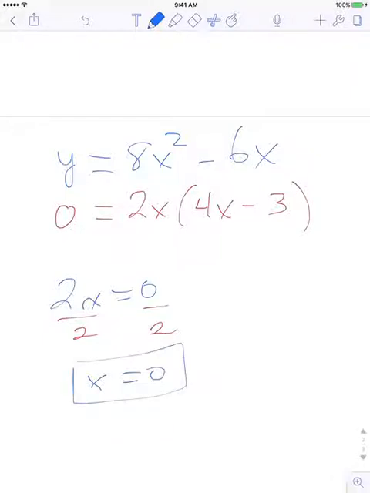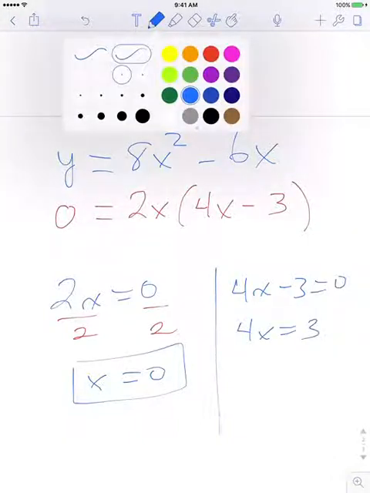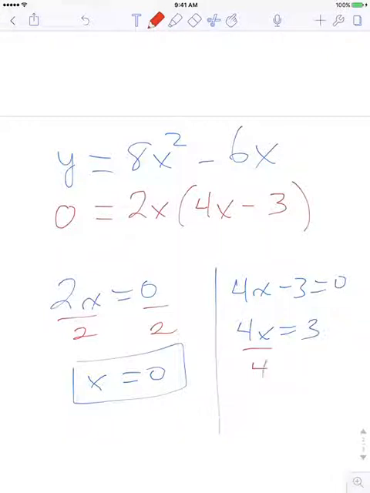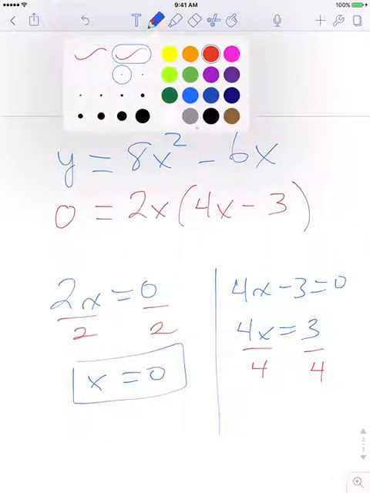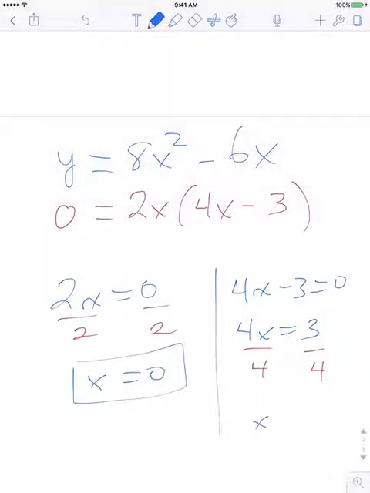And don't forget our bracket. So we get 4x minus 3 equals 0. Therefore, we have 4x is equal to 3. Now we're going to divide both sides by 4. So therefore, we have x equals 3 over 4.